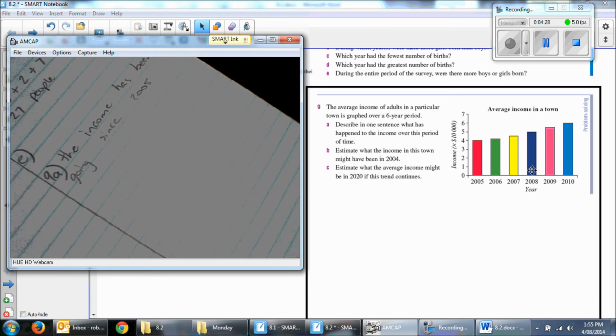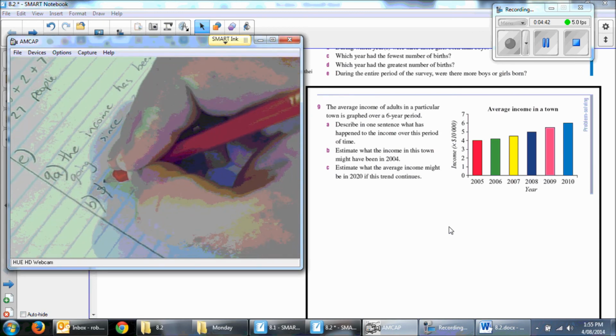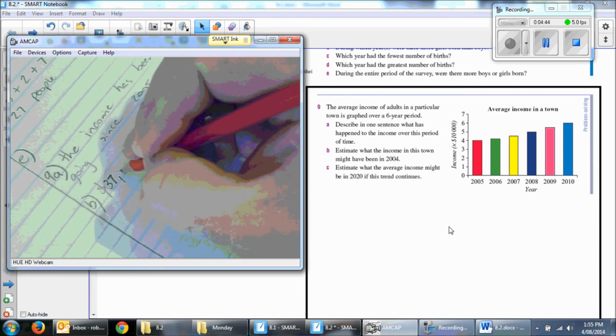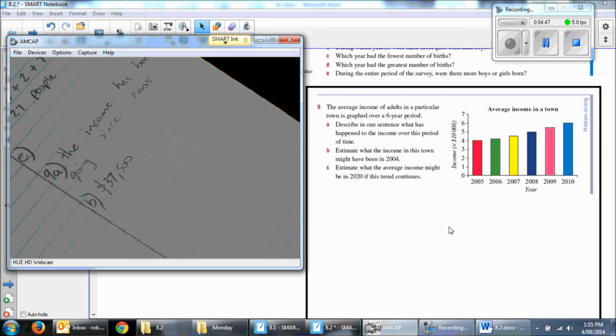All right, so if it took 4 years for that to happen, I'm going to say that in probably 2004, the income was around about, let's say, 37,500, something like that. Once again, that's only an estimate. So any estimate, either $500 either side of that, would probably get you a correct answer.